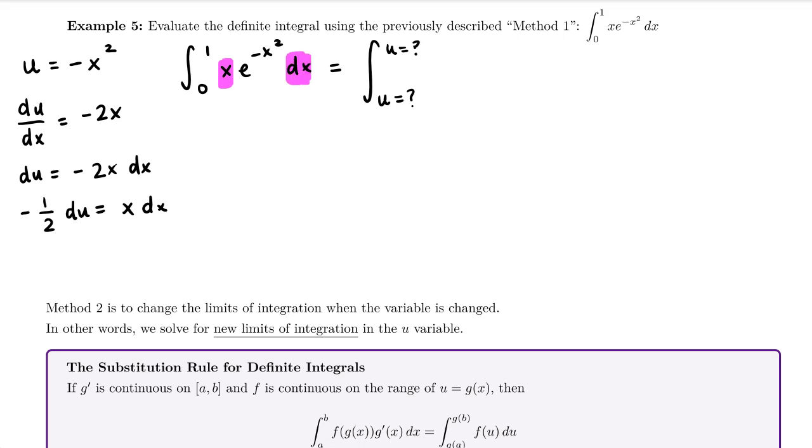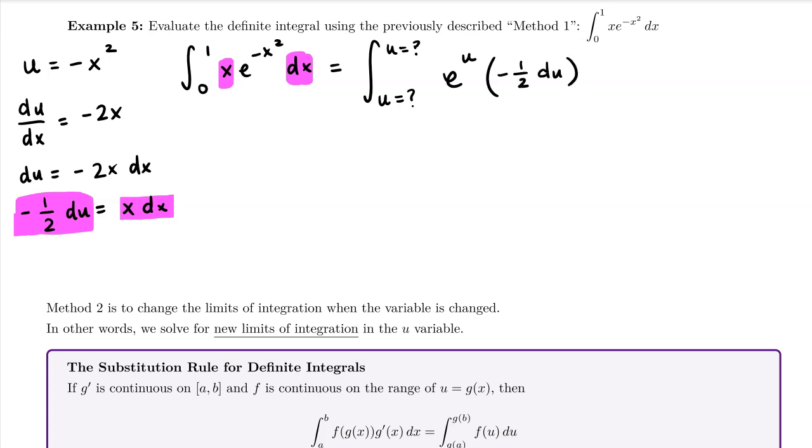So I know that x times dx is equivalent to negative 1/2 times du. So coming back, I'm going to write e, and then negative x squared we're going to replace with u, and then x dx gets replaced with negative 1/2 du. And I can factor out the negative 1/2 since that's a constant.